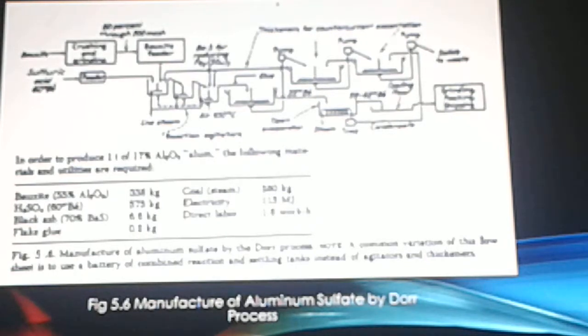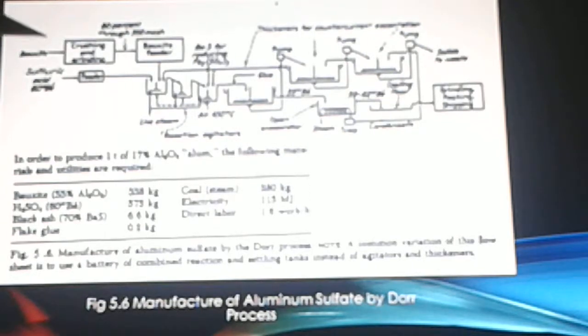Alums and aluminum sulfate are made from bauxite by the reaction of bauxite with sulfuric acid. The bauxite is ground until 80% passes 200 mesh and goes to the bauxite feeder. Next, it is conveyed to storage bins.